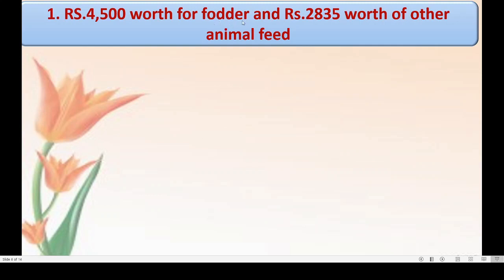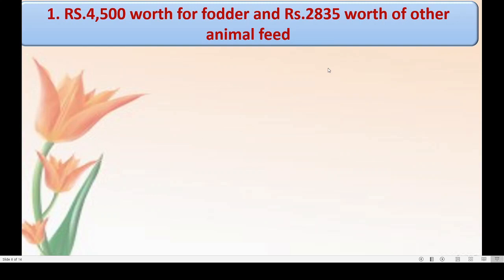One type of animal food. Okay, and another type that it is given as animal feed. Okay, he purchased two types. First for rupees 4500 and another animal feed for rupees 2835. This information is here.